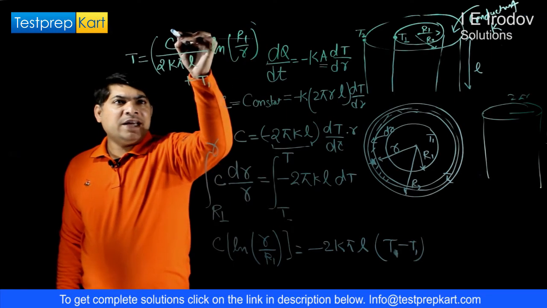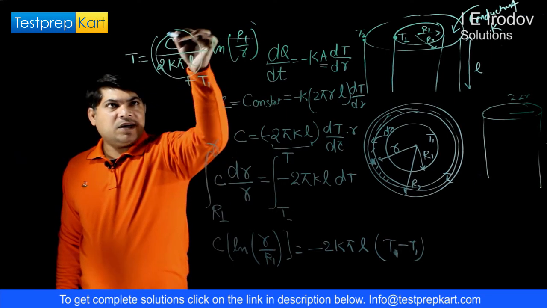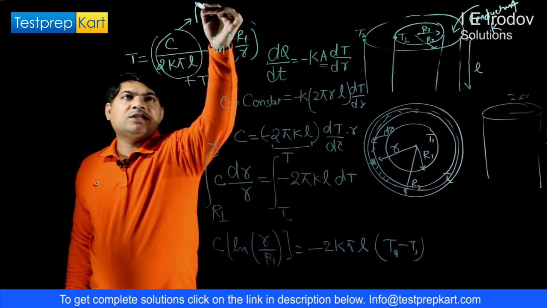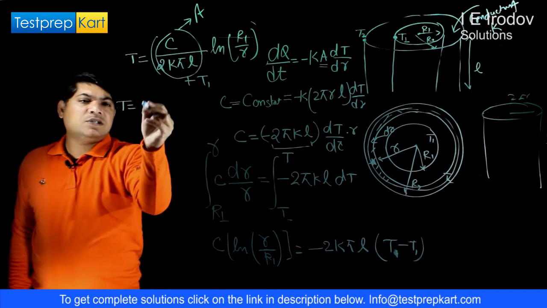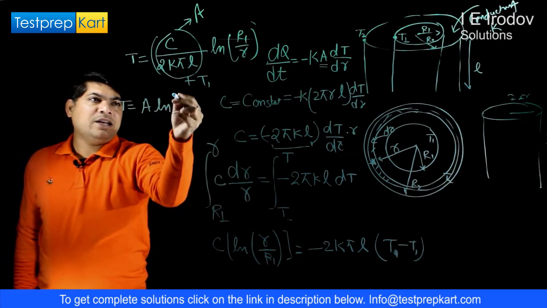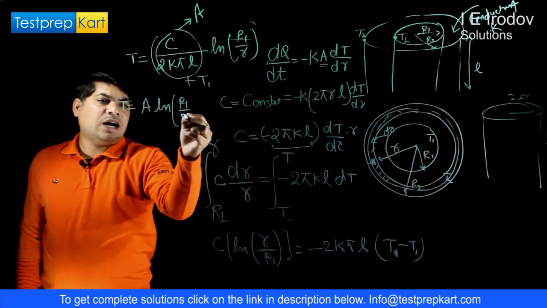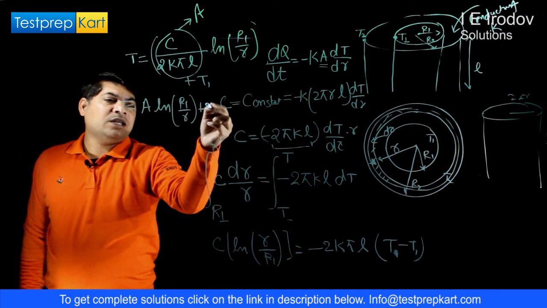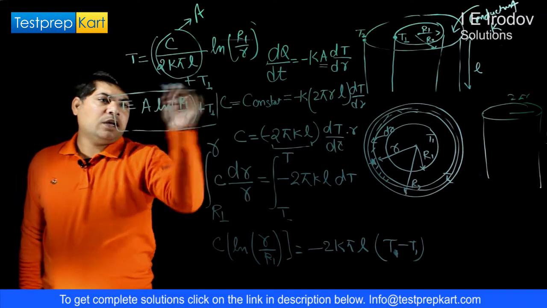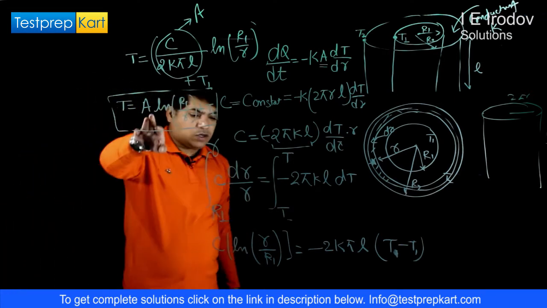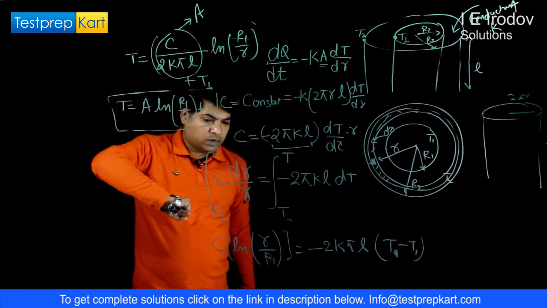Now we can replace this entire term with a constant. Let's take constant A. So let me write this equation again: T equals A into ln R1 over r plus T1. Still, this constant is not known, right?